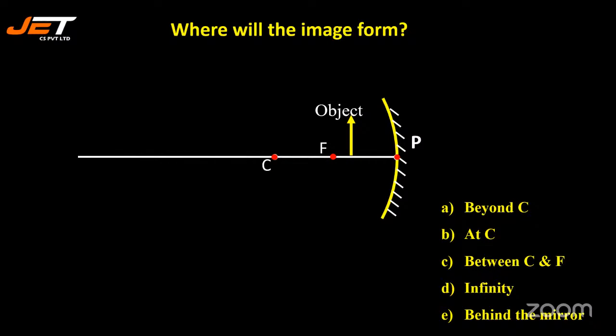Yes. Okay. I got a few answers as D. Very good. It forms behind the mirror. Behind the mirror form అవుతుంది. Right. And the image is virtual, erect and enlarged. ఓకే, మనకి బిహైండ్ ది మిర్రర్ ఇమేజ్ అనేది ఫామ్ అవుతుంది.